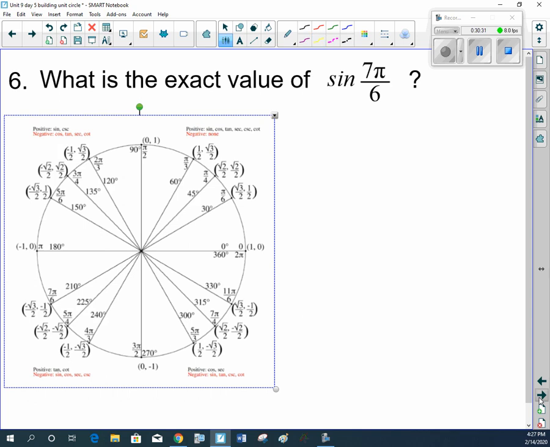So this one's going to be the sine of 7 pi over 6. So we're going to go to 7 pi over 6 on our unit circle. So 7 pi over 6 is right here. So we're going to rotate to 7 pi over 6. This is the terminal side. We should have a reference triangle there. You should have on your unit circle a reference triangle. Right here's a reference triangle. So I'm going to move it over here.